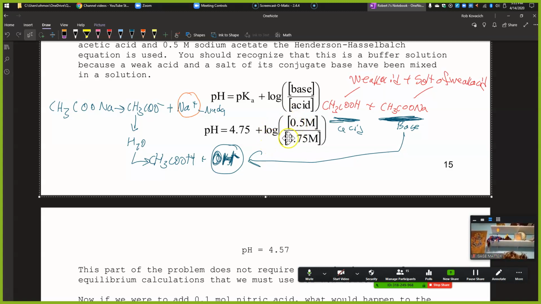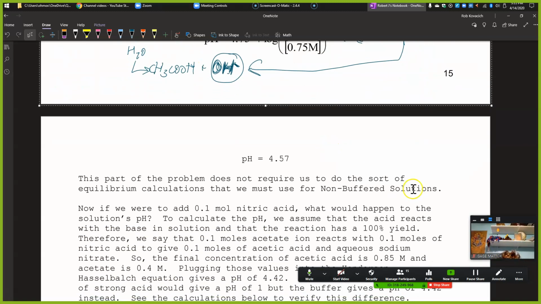I'll take the log of that and then add it to the 4.75 and I get 4.57. So what this means is this buffer is going to buffer at a pH of 4.57. All right, great. That's all that matters, that it's buffering at that pH.